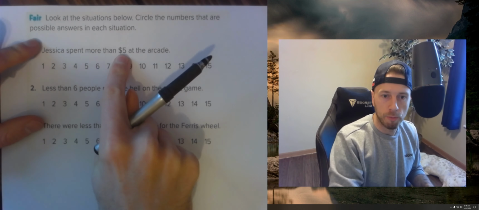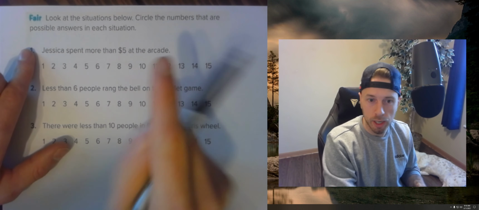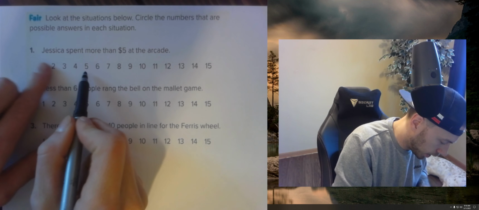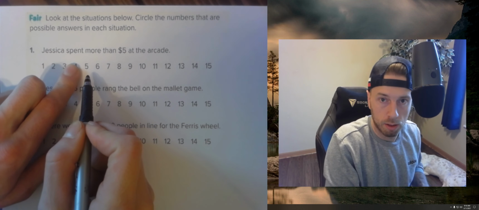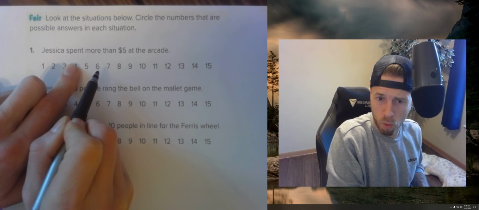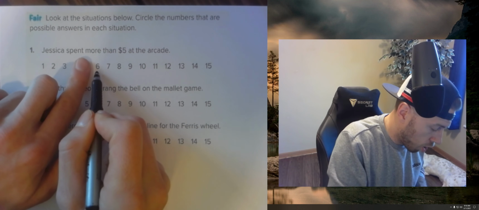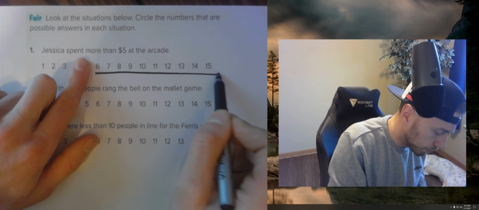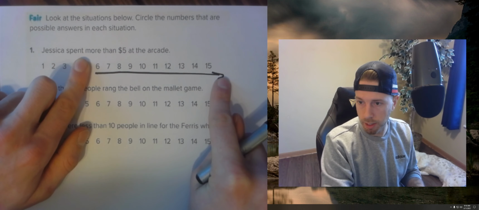On a number line, here's $5. Where would the numbers be? Bigger than 5, because she spent more than 5. She could have spent 6, 7, 8, 9, 10, or all of this money right here.